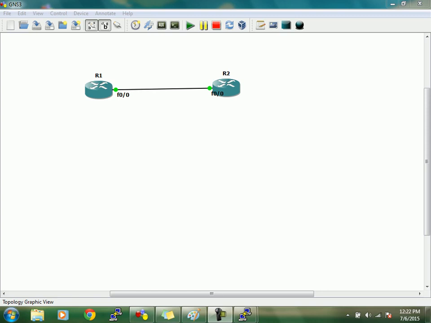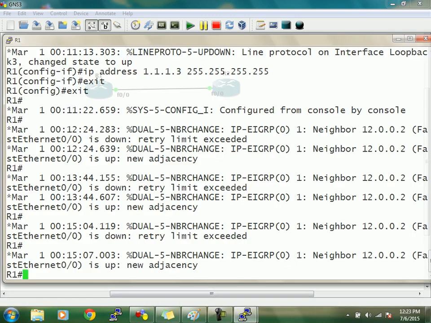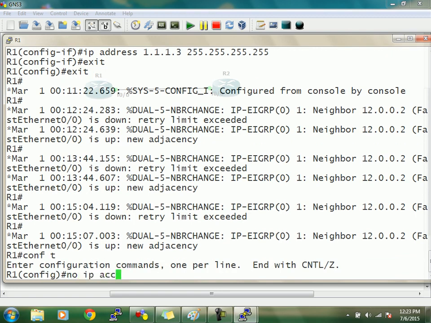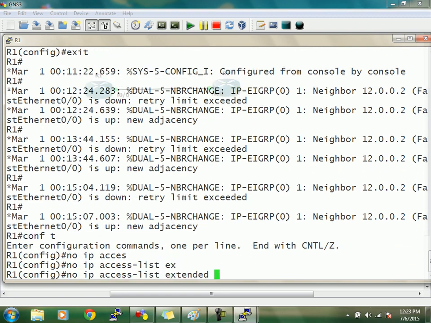You can see here it was keep on sending. It has never stopped after 16 updates. Fine. So for which case? No ip access-list extended 101.